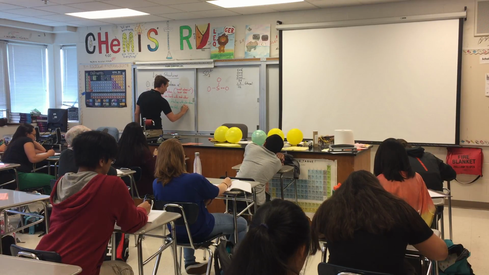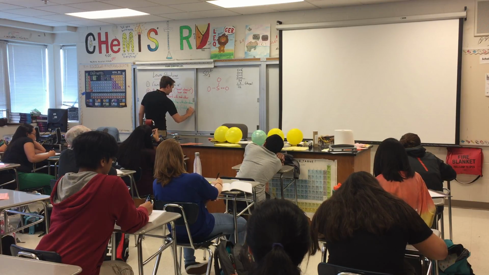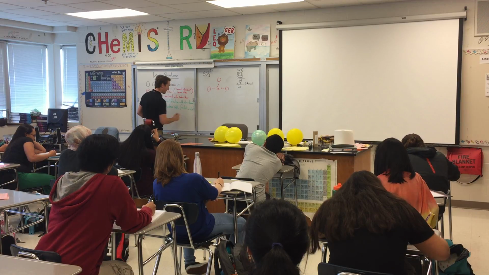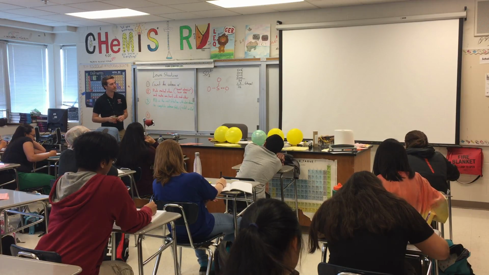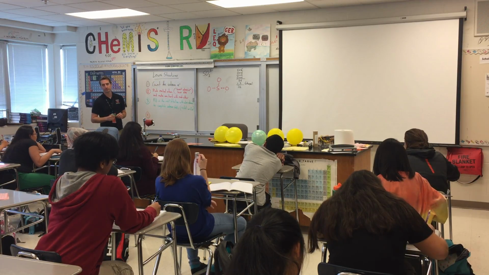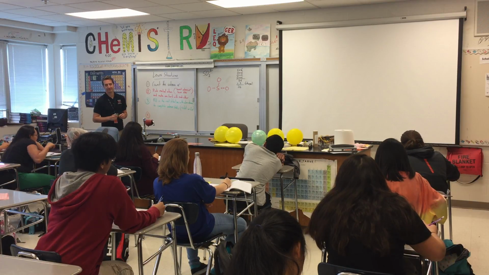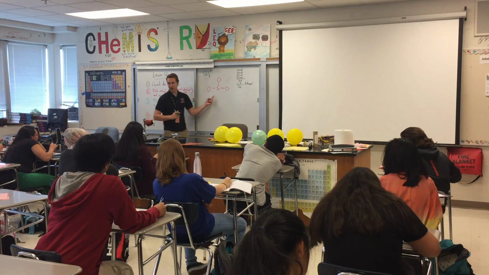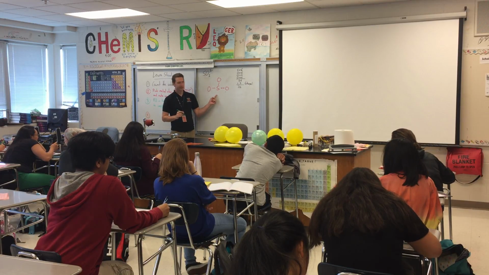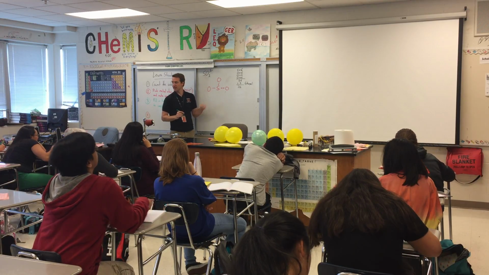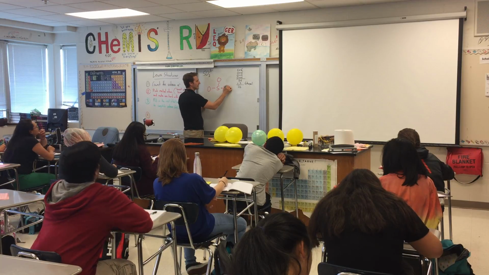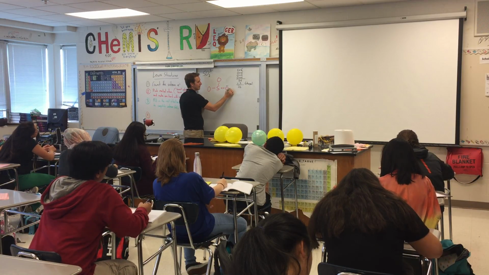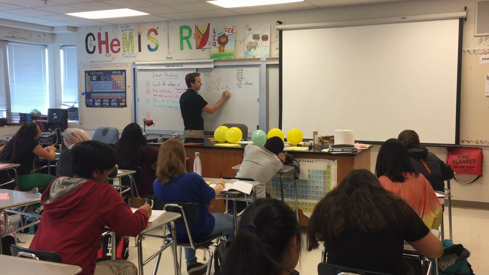So I'm going to put octet or duet. How many did I draw so far? 6. 2, 4, 6. Each of these lines represents 2. So here's 8, here's 10, here's 12.